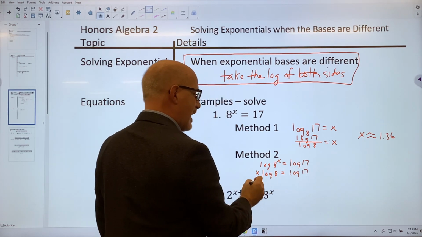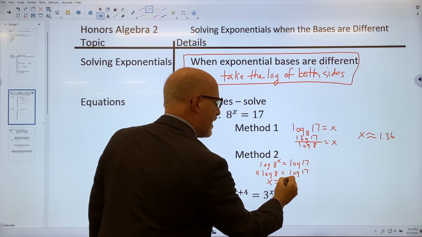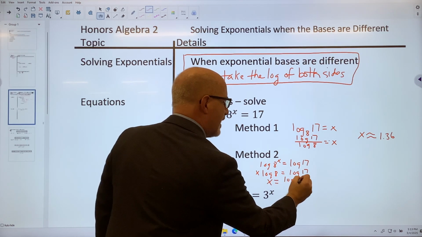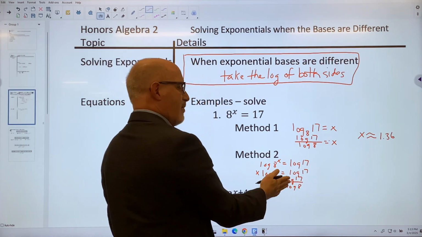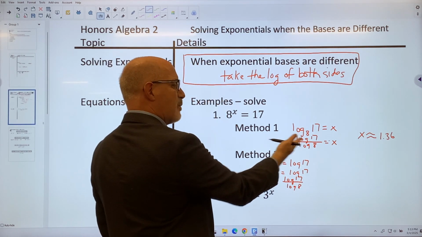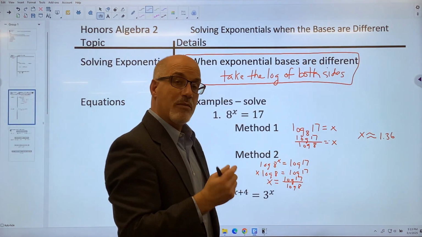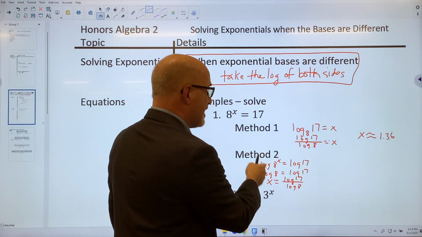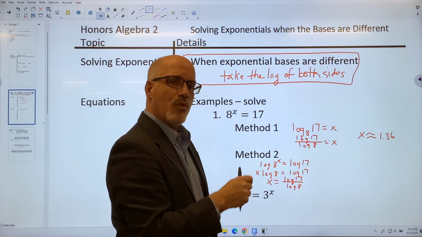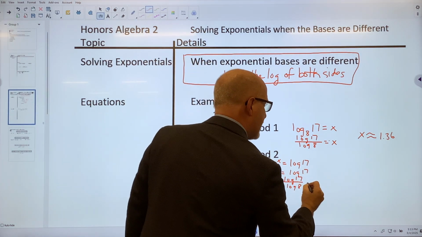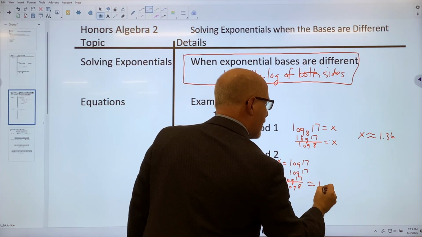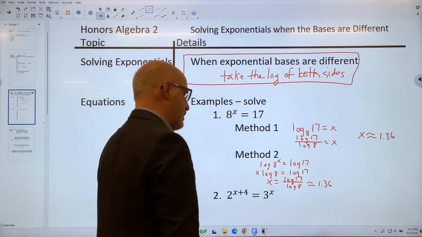And then to get x by itself, we're going to divide by log of 8 on both sides. Now notice, we've already seen that before. That's what happened in this method. It happened a little faster than this, but this method gets to that same point where you're dividing logs, and we'll get our answer from this, which is about 1.36.